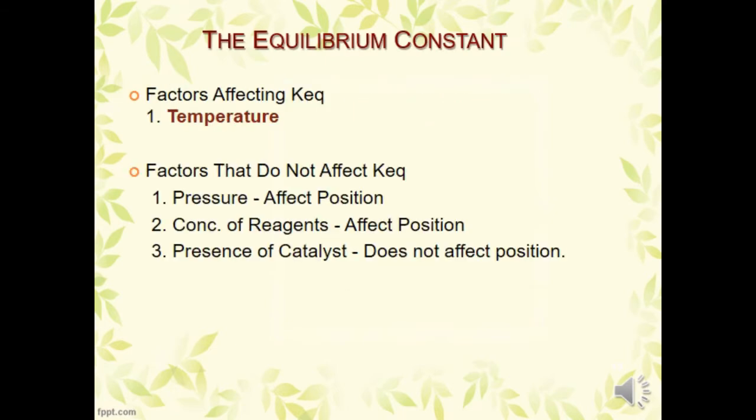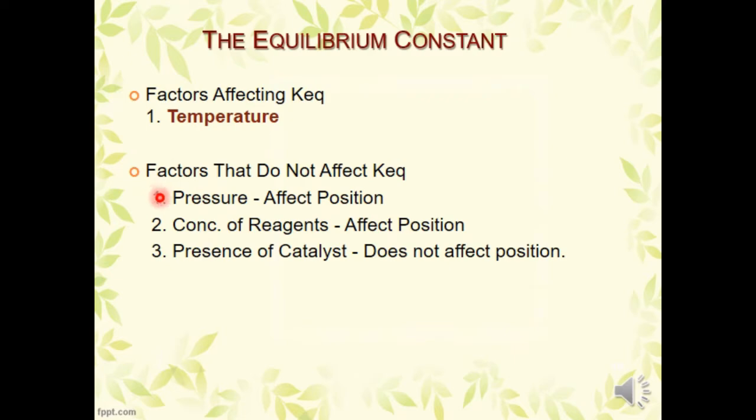So let us look next at factors that will affect the chemical equilibrium constant. Only one factor will affect the value of the equilibrium constant, which is temperature. That is why in the earlier slide, the reaction must occur at a constant temperature. If there's a change in temperature, then we would disturb the equilibrium.